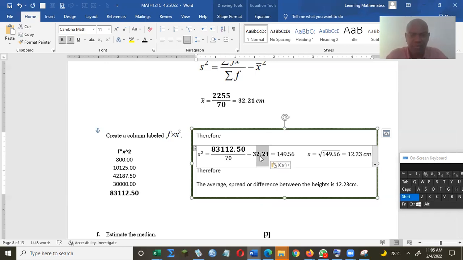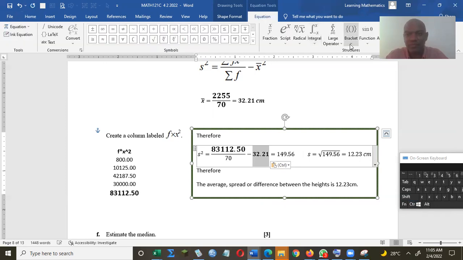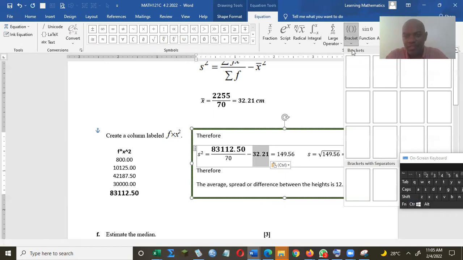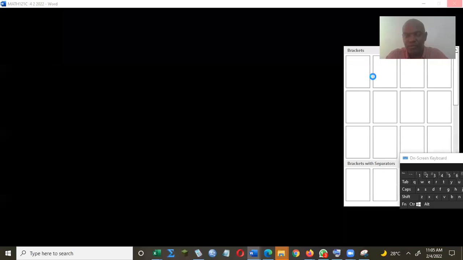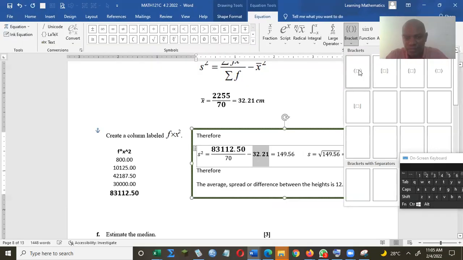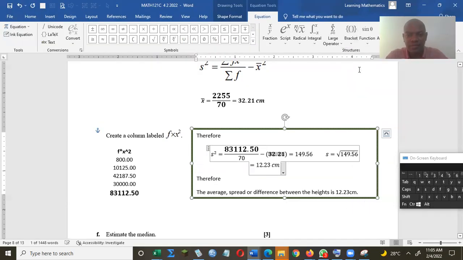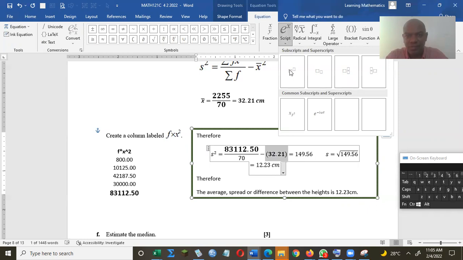You can put this in a bracket and square it. Bracketed. So you go to bracket, and then you bracket and raised to the power of 2.